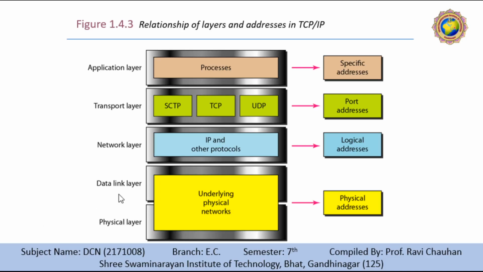Our physical address deals with the underlying physical networks, which are in our data link and physical layer. Our logical address or IP address deals with the network layer and IP and other protocols.